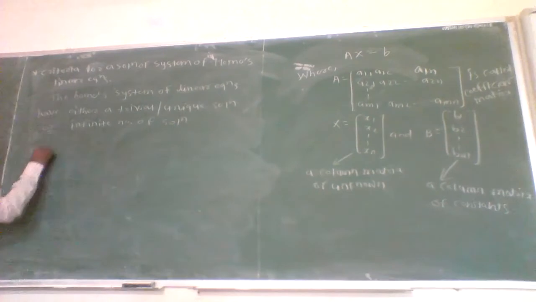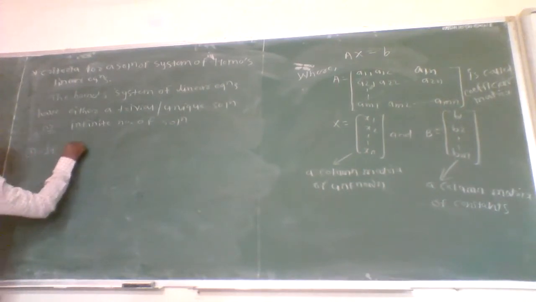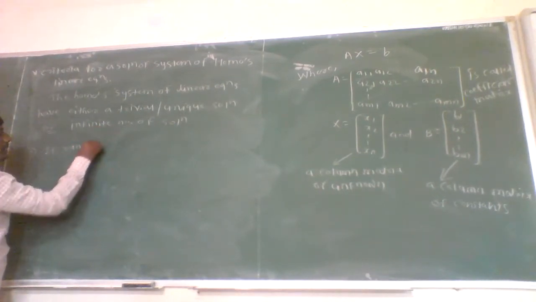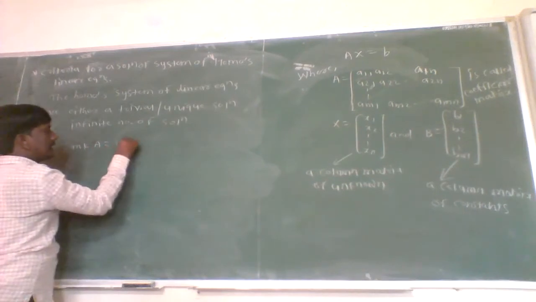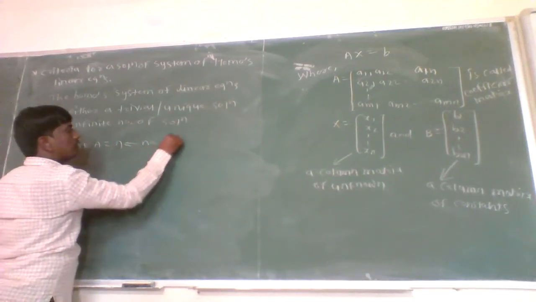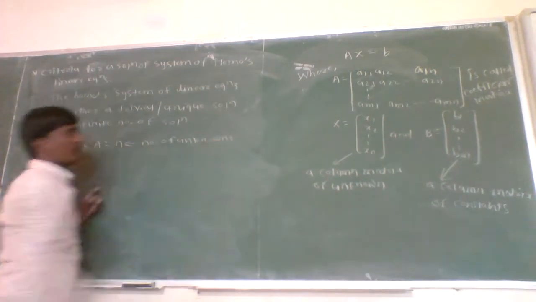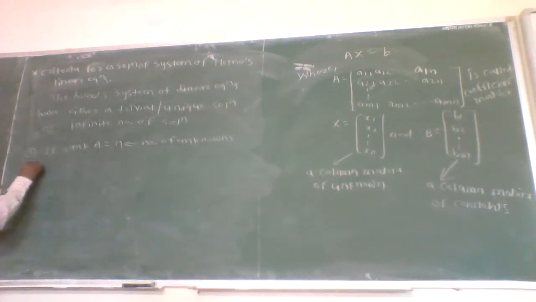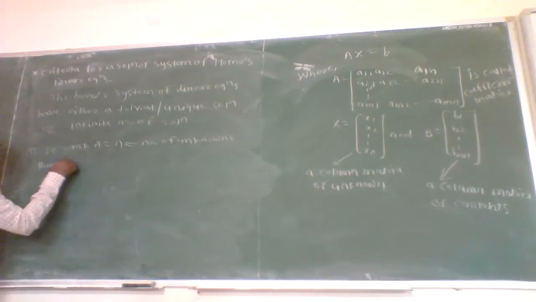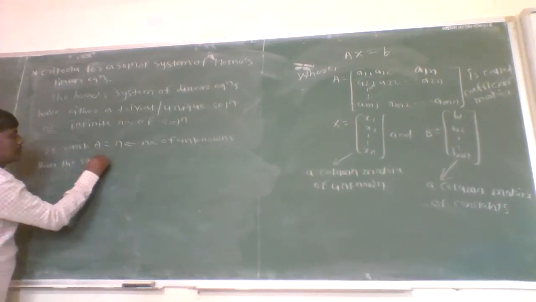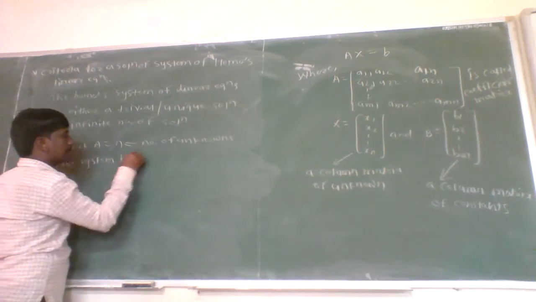First one is if rank of matrix A is equal to n, where n is nothing but the number of unknowns in the given system of linear equations, then the system has a unique solution. Okay.